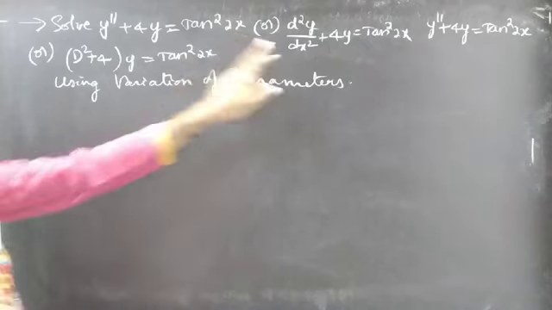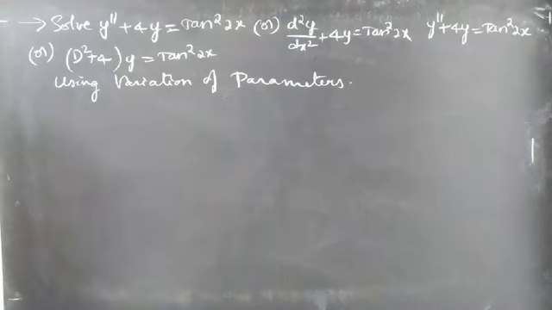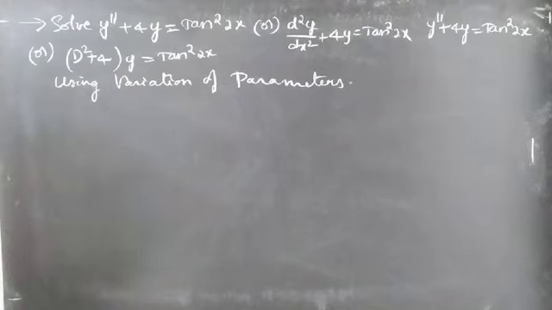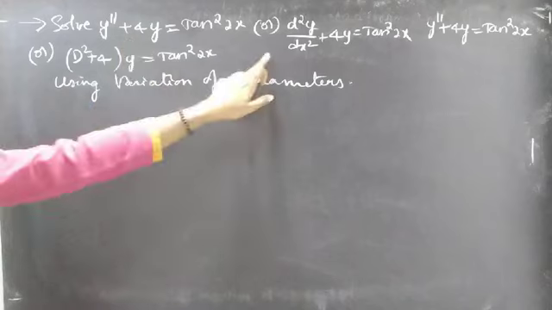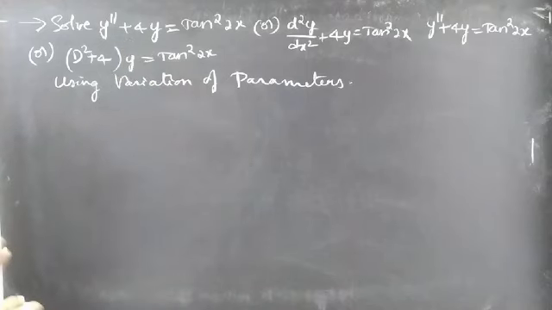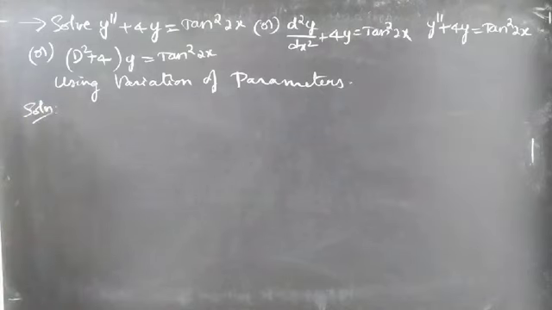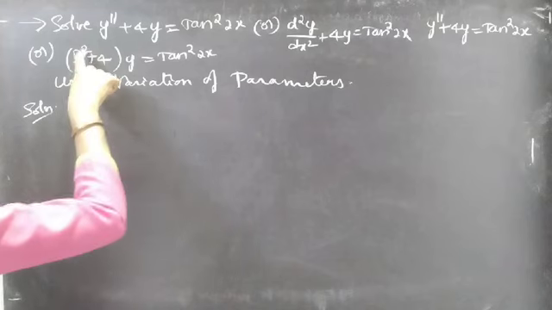Or we can write these equations in operator form, d square plus 4 into y equal to tan square 2x. So we are given three equations which are the same. Solution: we are given a differential equation of order 2.